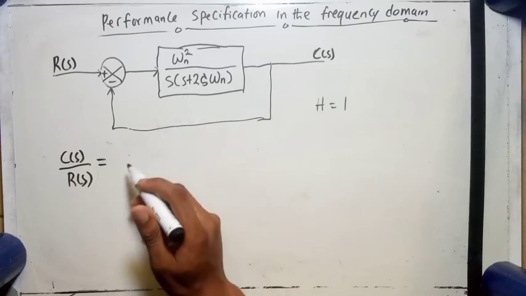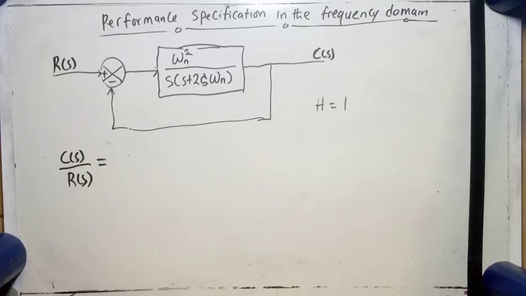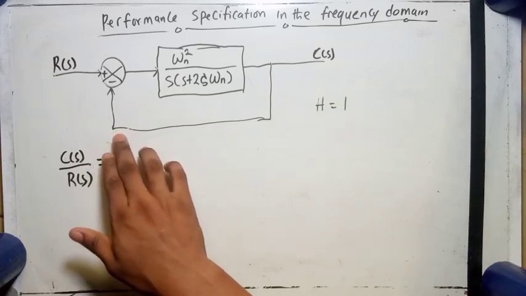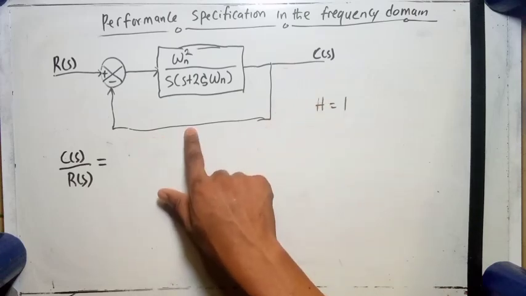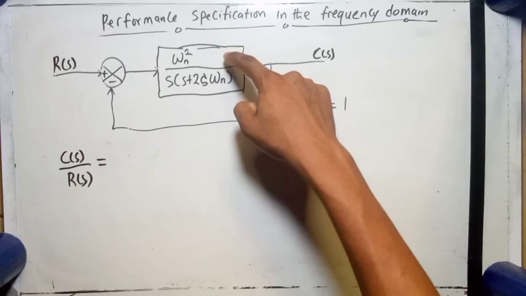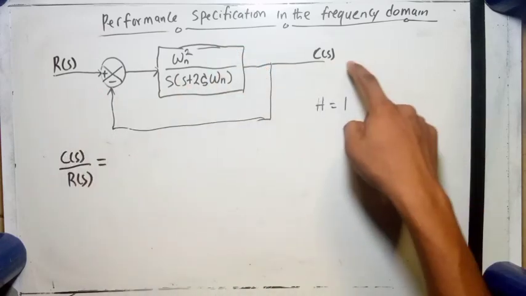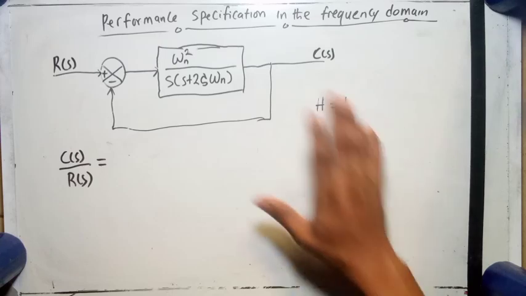Like I said in one of my videos, the two conditions for this particular method to work are that your H has to be equal to 1, that is your feedback loop transfer function has to be unity, and your open loop transfer function has to be expressed in fraction form. So the two requirements that we need have been satisfied there.